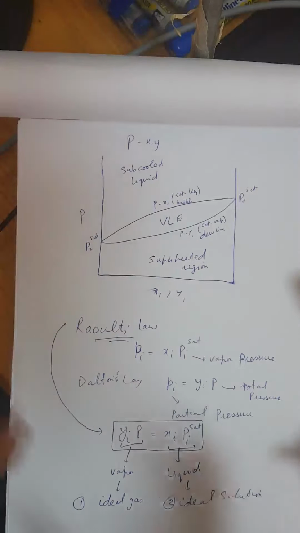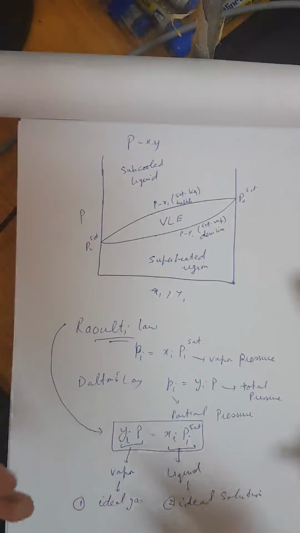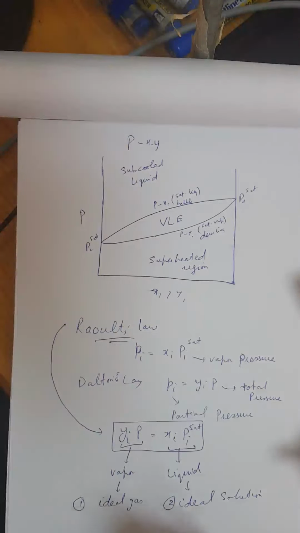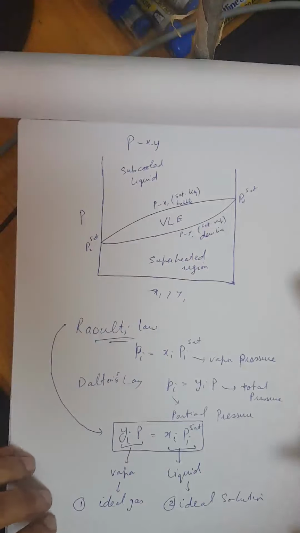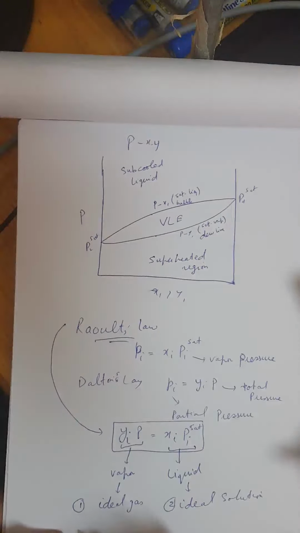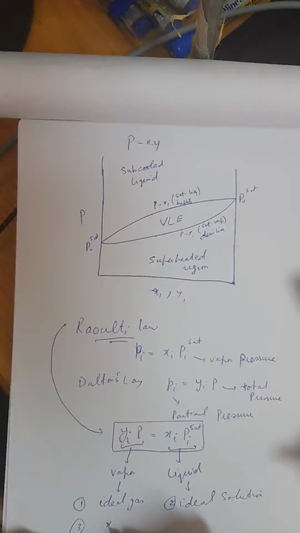So you are mixing two components, ethanol and water. If they are ideal solution, we will discuss how they are ideal, what an ideal solution is, in the next slide. But the solution will behave as an ideal solution and the vapor produced from that solution behaves as an ideal gas. And the third condition is this law is good when x1 approaches 1.